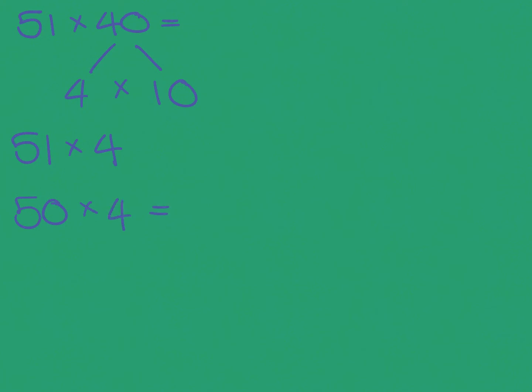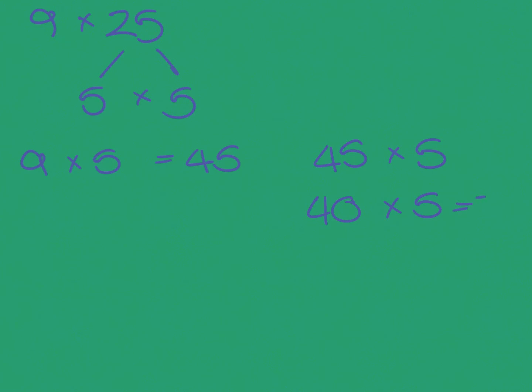I could use estimate and compensate as well, but 50 times 4 is 200, 4 times 1 is 4, so 204. Then I need to do 204 times 10. Notice that's one of the reasons why I use 4 and 10, because those are easier multiplications to do in my head. So 204 times 10 gives me 2040.